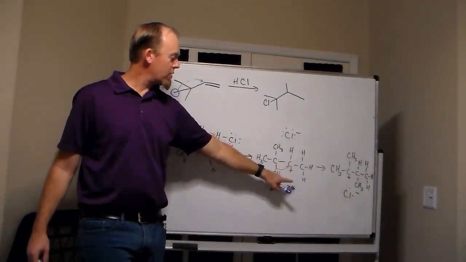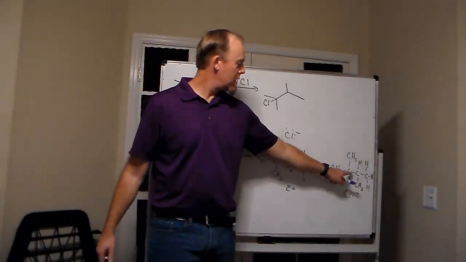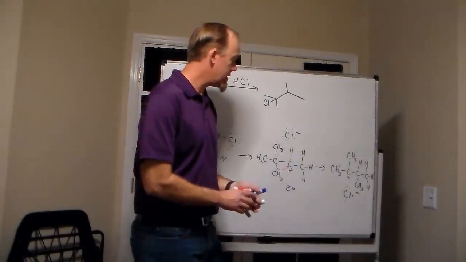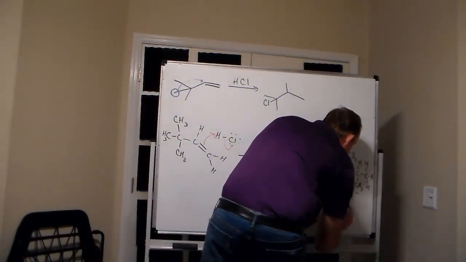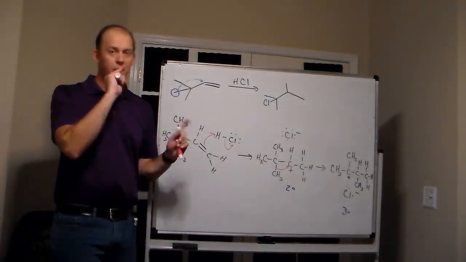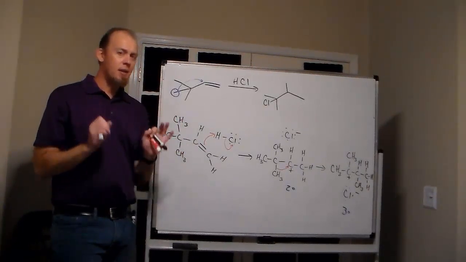So we go from a secondary carbocation, and by moving that methyl group over, we got a carbon with 1, 2, 3 carbons, so it's tertiary. Both of these rearrangements made a cation that was more stable.